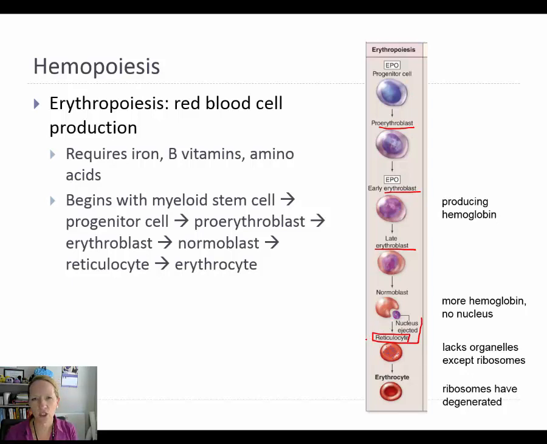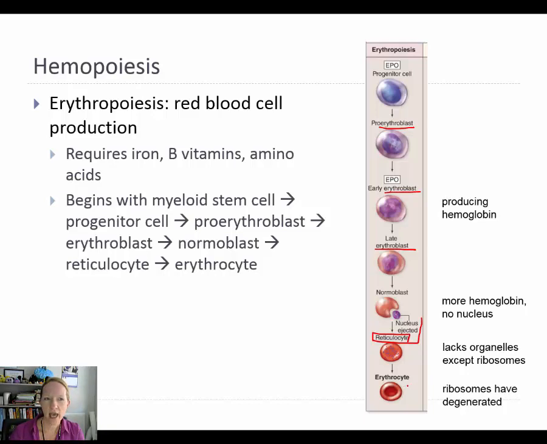This gets spit out into the normal circulation. About a day or two, it's a reticulocyte, and then it eventually turns into an erythrocyte, where it's pretty much got rid of all of the organelles, and it's straight up hemoglobin with a little bit of spectrin protein as well. And we'll talk about that when we get to the erythrocytes.